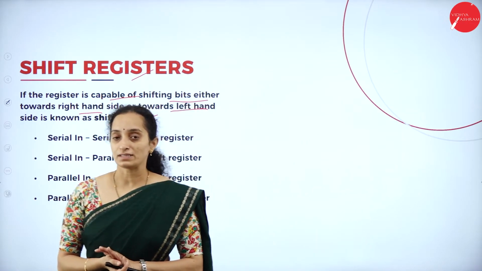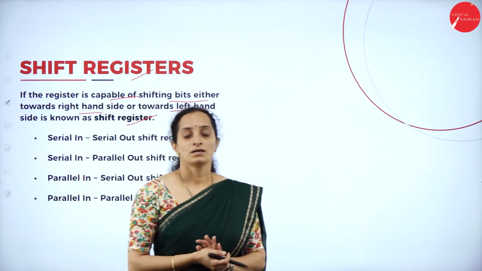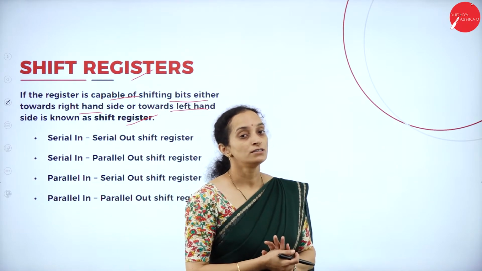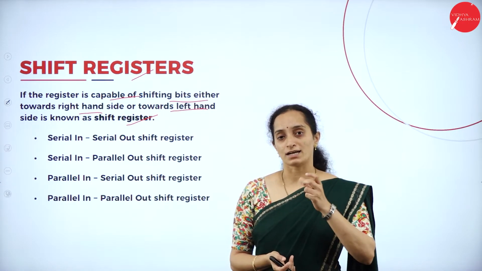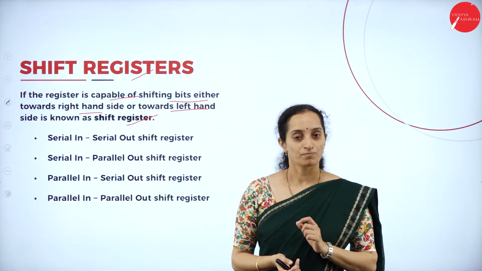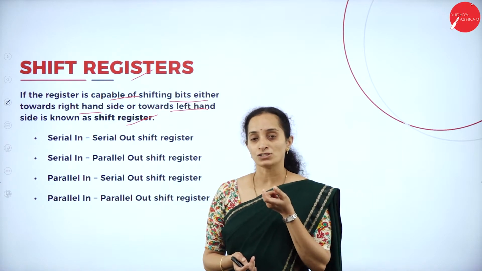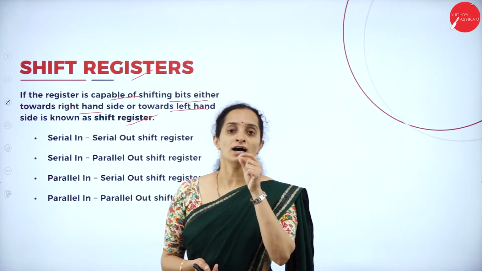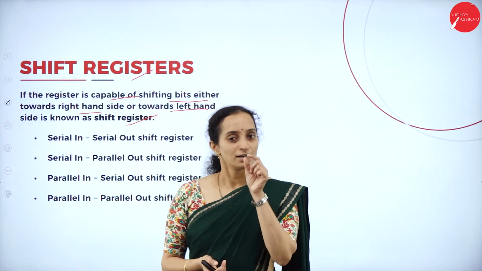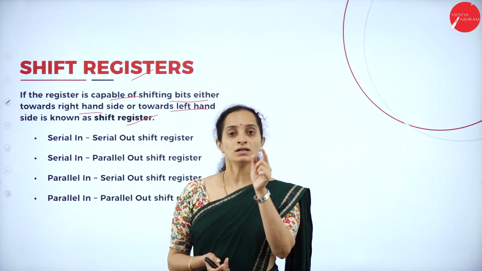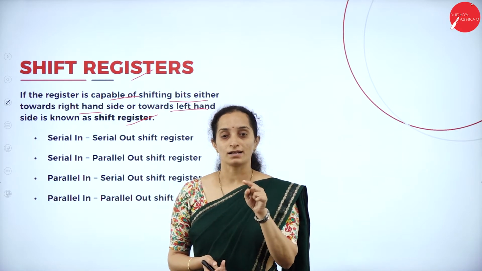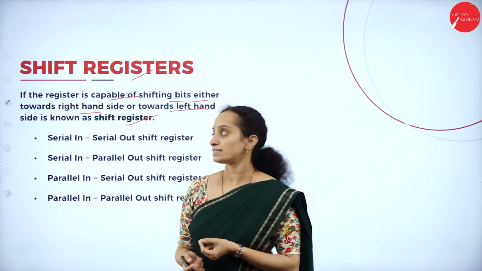Shift registers are used most widely in different electronic devices to quickly change the values. When you have a digital watch, you have to change the minute counter, second counter, for every second, isn't it?